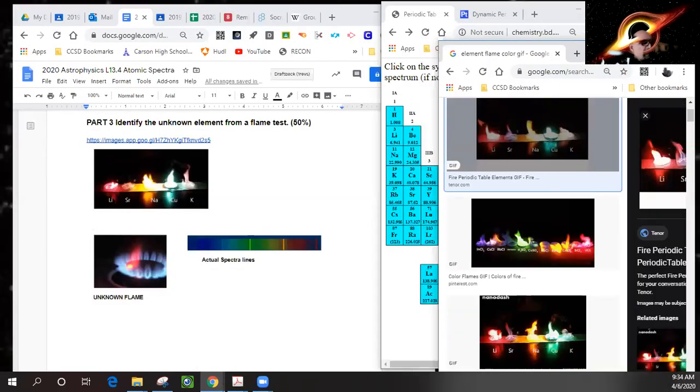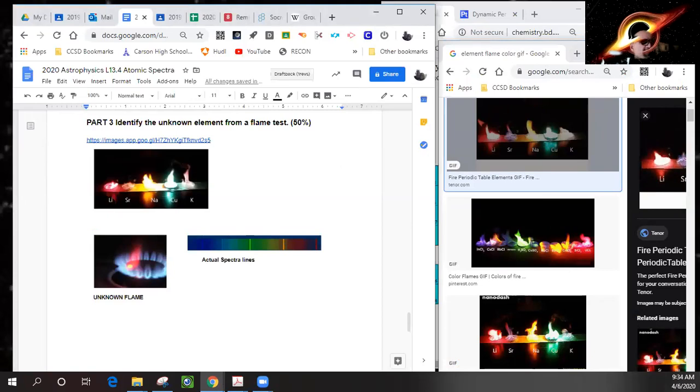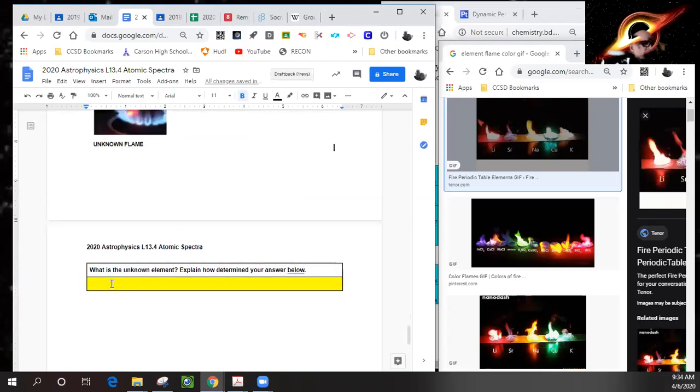Keeping that in mind, here we have this unknown flame color, and these are the actual spectral lines that came from it. Take a look at this, and based on what you know, I want you to identify what the element is, and also explain how you determined your answer below in the yellow box.